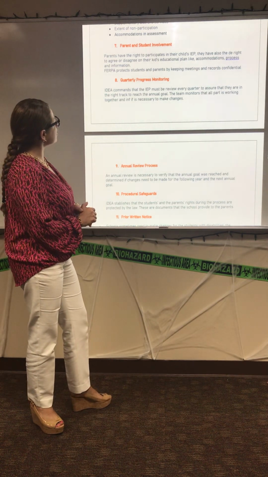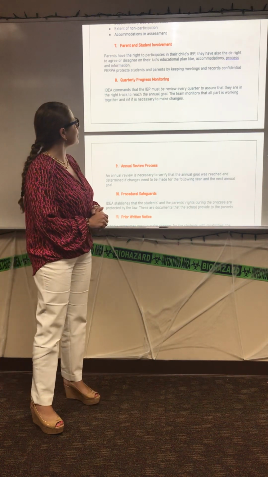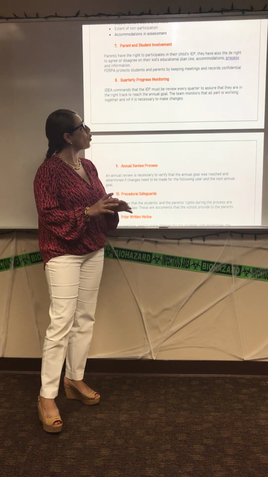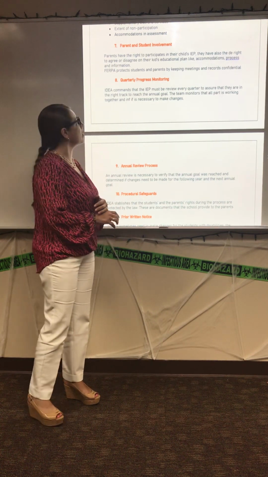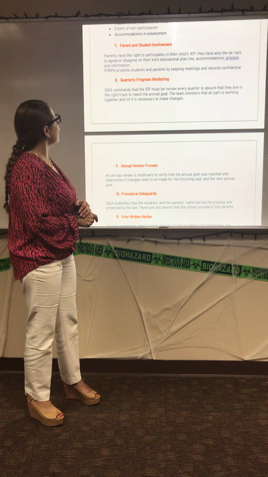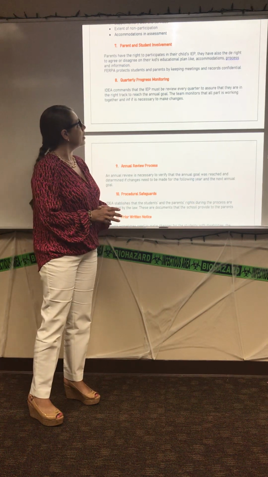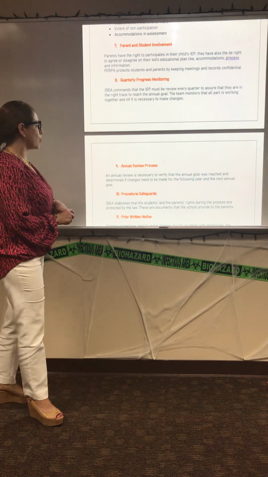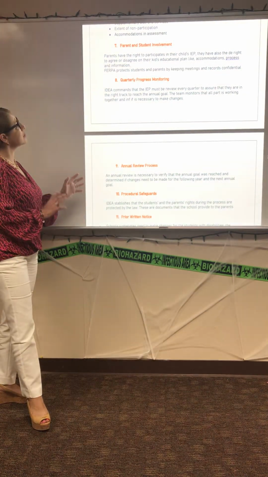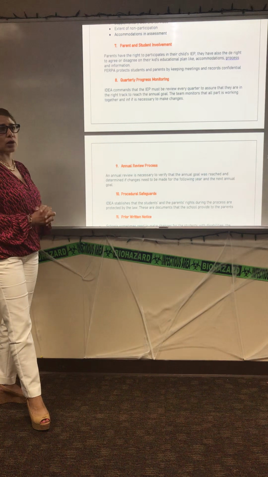The quarterly progress monitoring. IDEA mandates that the IEP have a quarterly review. Every quarter there's going to be a review, and they have the right to track the annual goal. The annual review process is the same as the quarterly process, but on an annual basis.